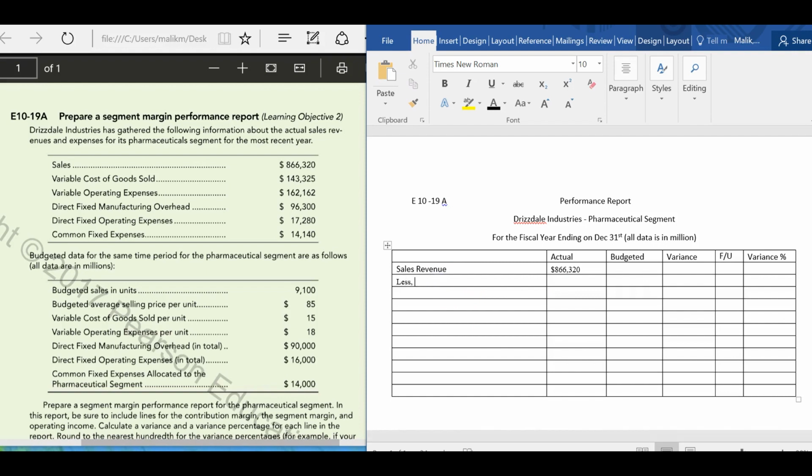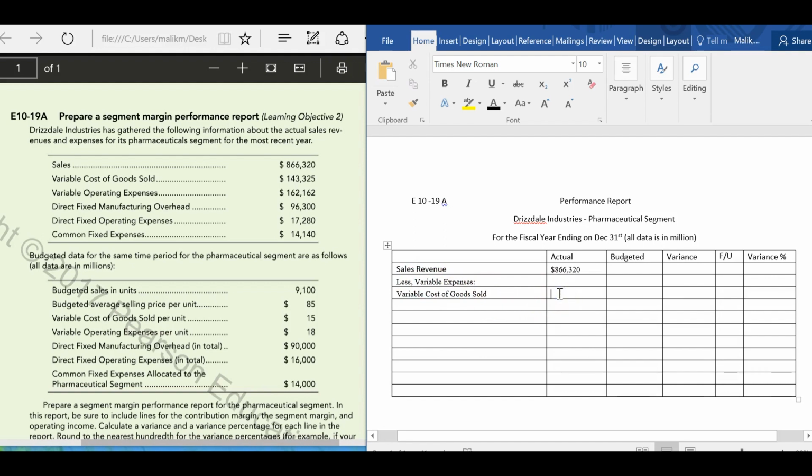Then we're going to subtract our variable expenses to find our contribution margin. We see a couple of variable items. One is the variable cost of goods sold, and another is the variable operating expense. Remember, this one is your heading, and under this heading we write our variable costs.